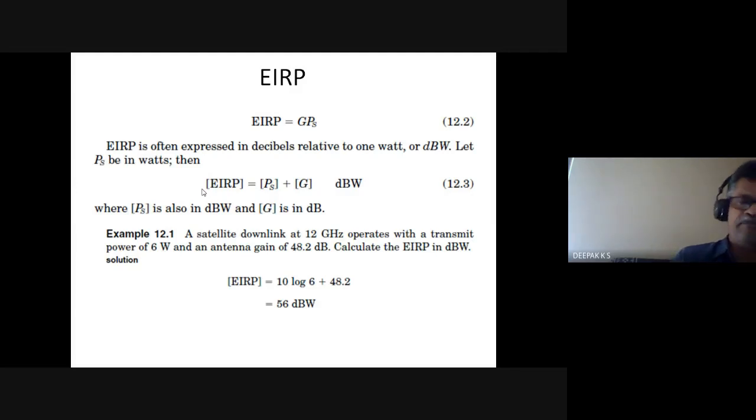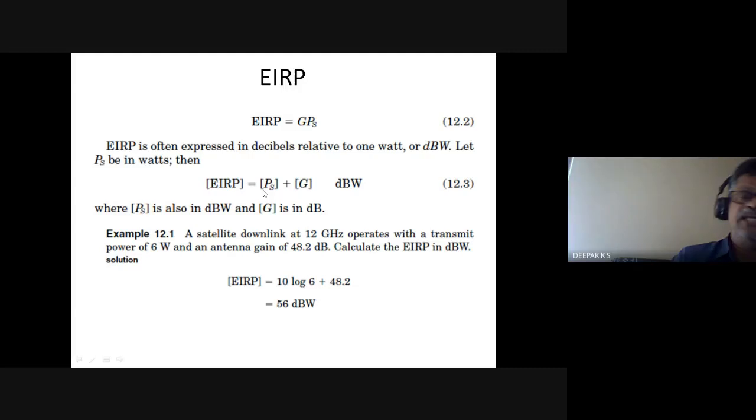In the logarithmic domain, you are doing addition. In the linear scale, you are doing multiplication. So you can do this: dBW added to dB, and the result will be dBW. That is the meaning of this. Just convince yourself: one of these can be dBW, the other can be in dB.